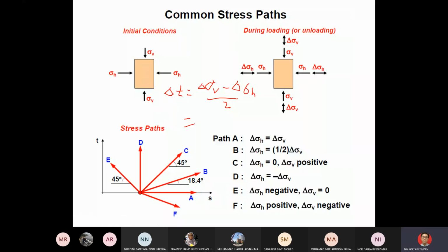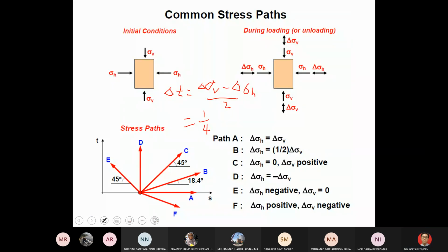Now we see here delta sigma H is half of delta sigma V. That means 1 minus one half. If 1 minus one half, we are left with one half. That over 2, so we will get 1/4.